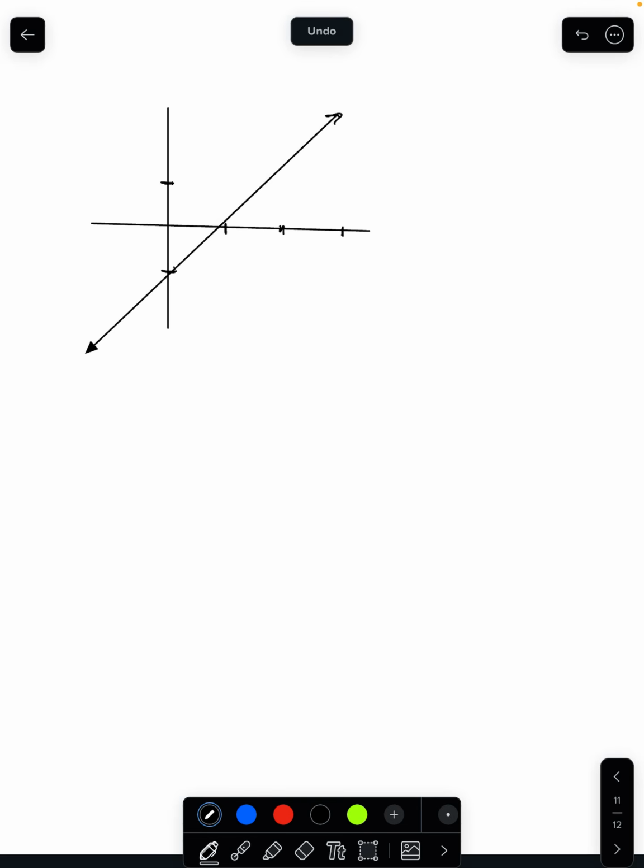Well, I drew that line pretty poorly. Let's see if we can fix that. And the same parabola sideways.